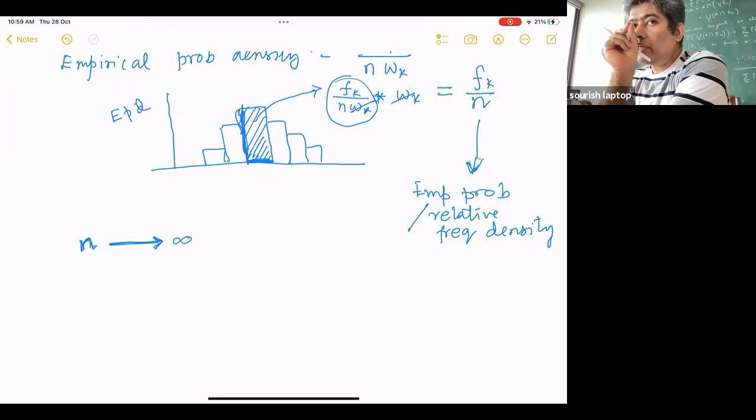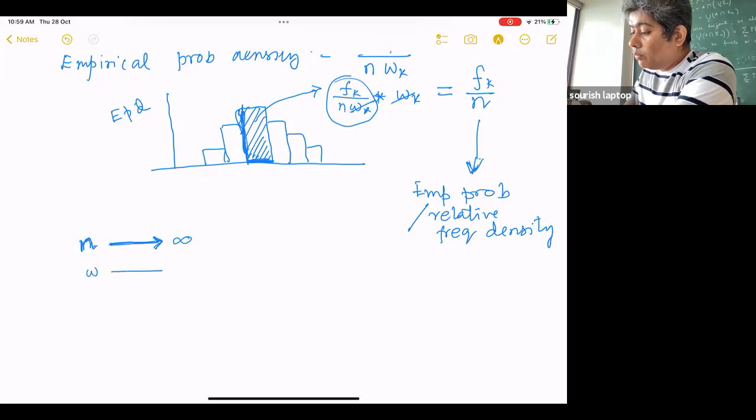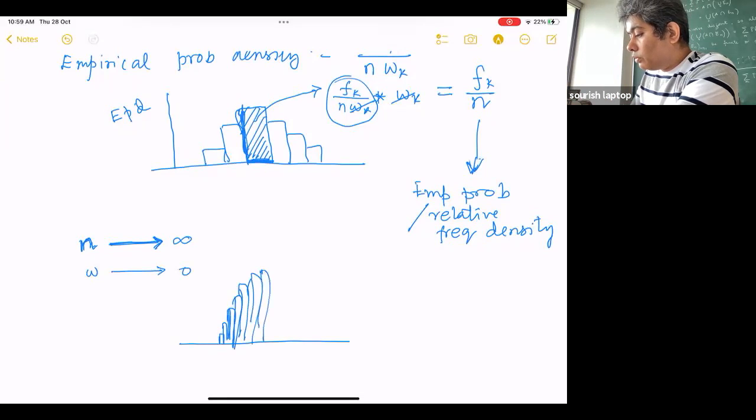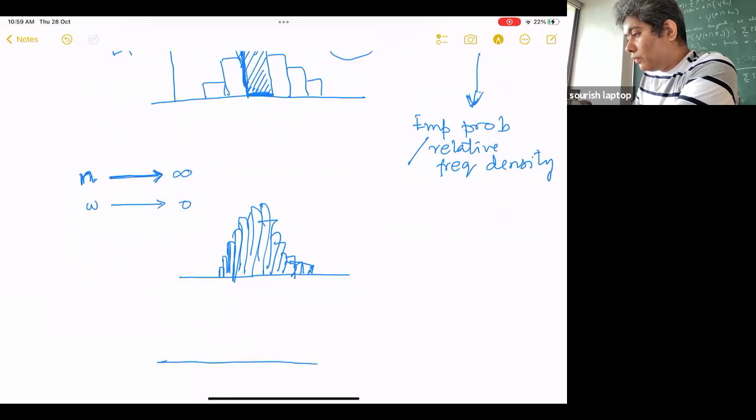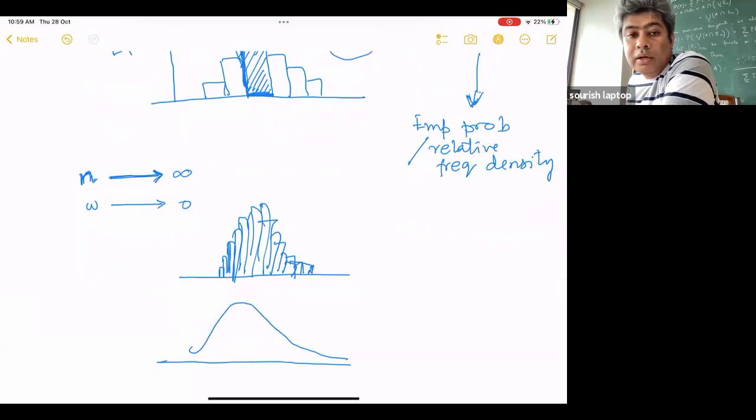I can take a very small width, so I can push W to go to 0. As I do that, the histogram will become very smooth, and eventually there will be a smooth curve that you can think of.